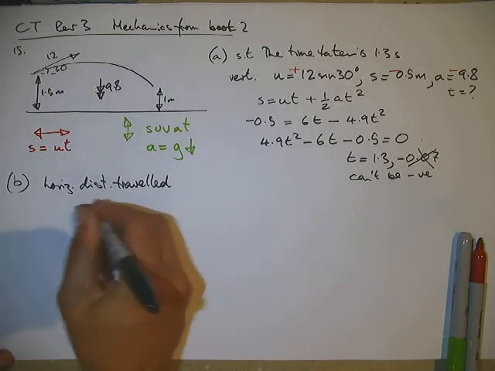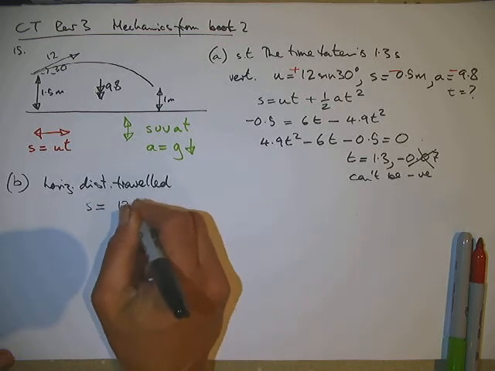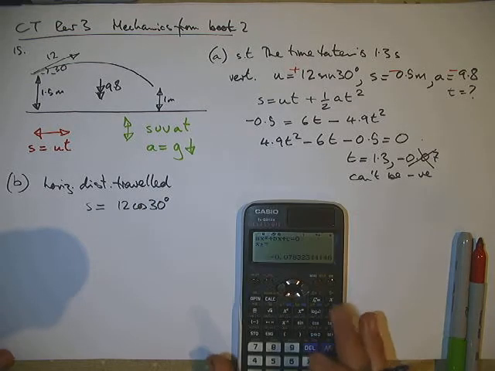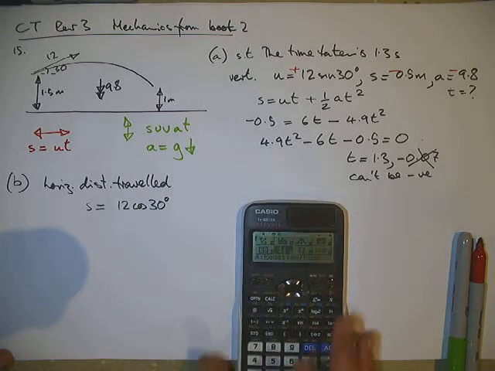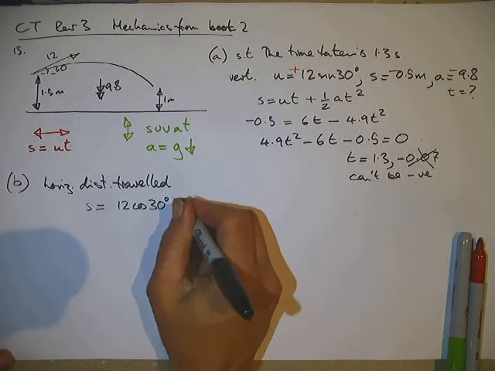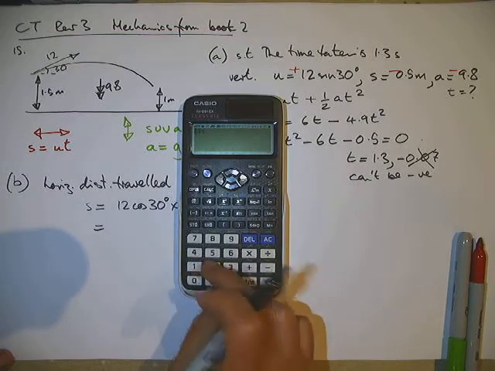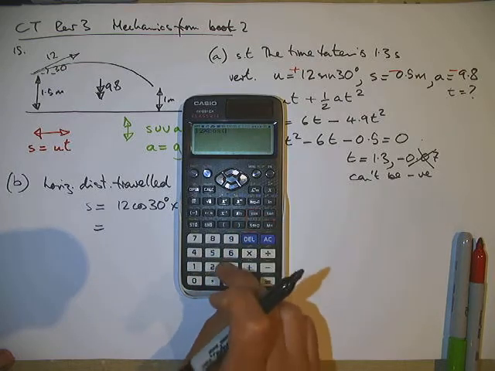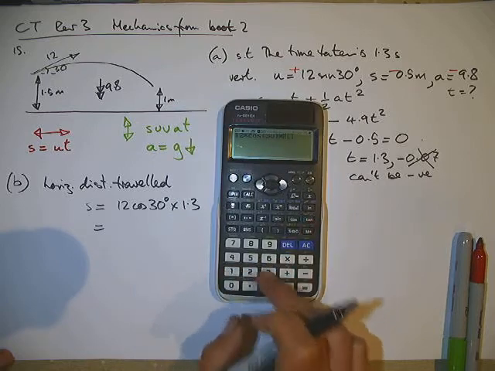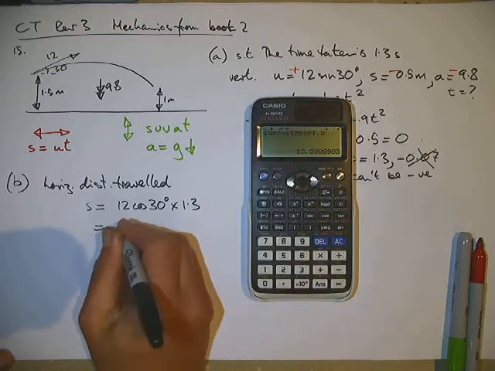So it's going to be S is equal to 12 cos 30, the horizontal component of the velocity, multiplied by the 1.3 we've just found. So that's 12 times cosine of 30 times 1.3 is 13.5 meters.